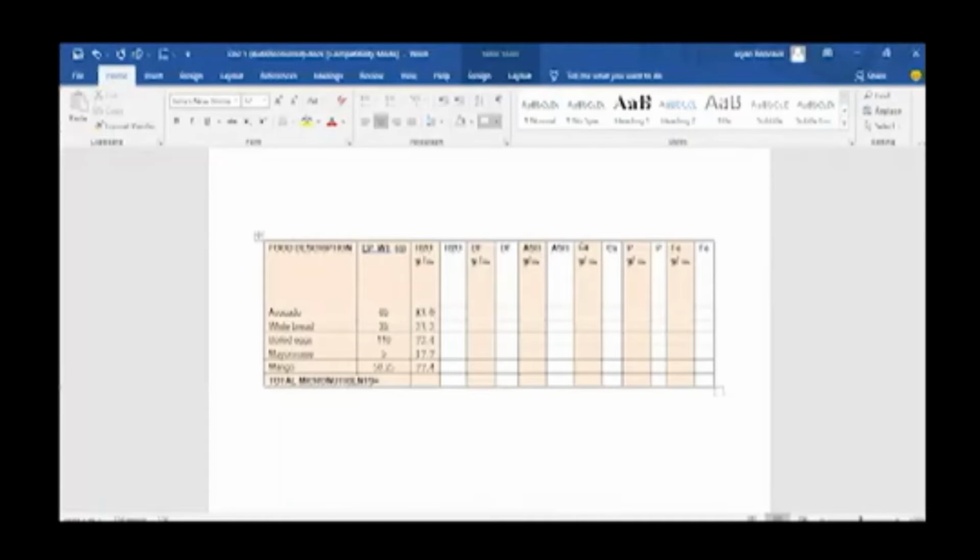For DF, avocado has 4.3, white bread 3.3, 0 for eggs, 0 for mayonnaise, and 2.2 for mango.